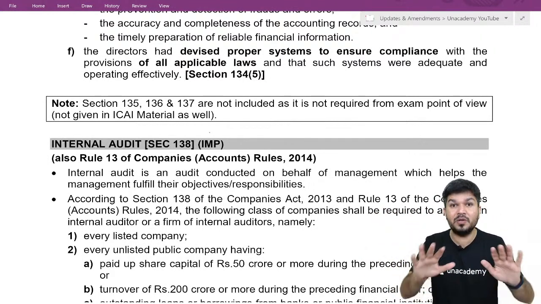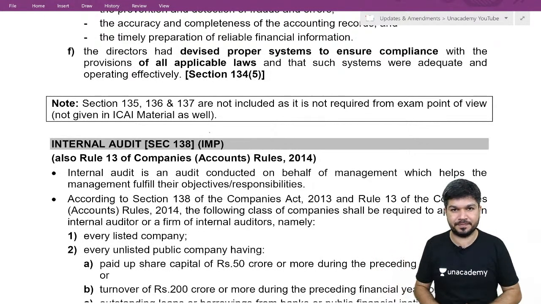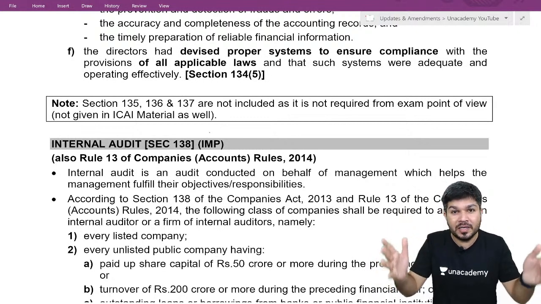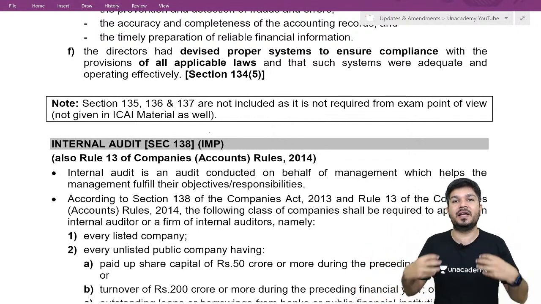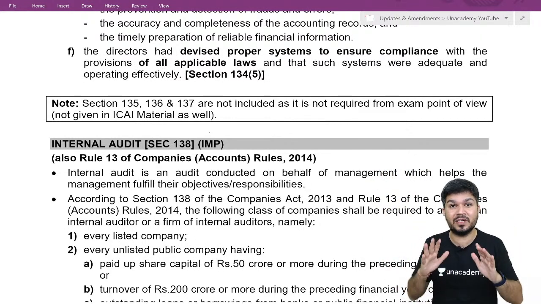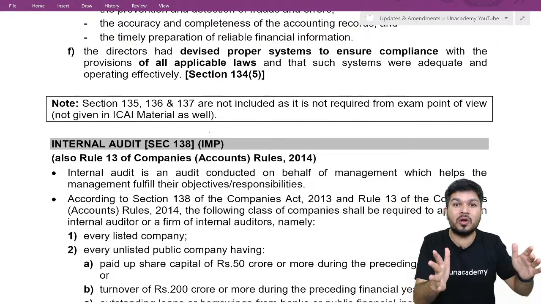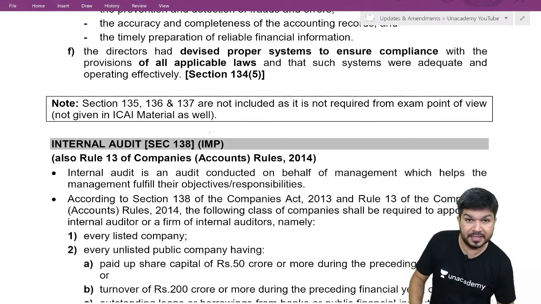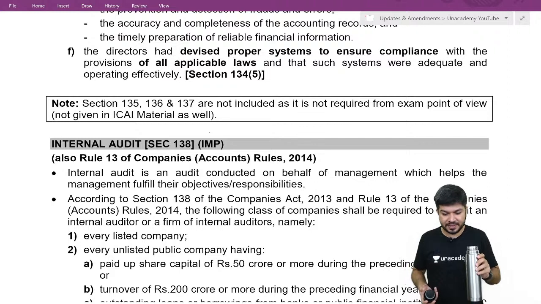If they are covered, their auditors get covered. So those companies which are covered under NFRA, their auditors are also covered under NFRA. And if I am doing the audit of such entities, then only I am covered under NFRA. So NFRA can penalize those auditors only, not all auditors. Okay. Next, section 138, internal audit.